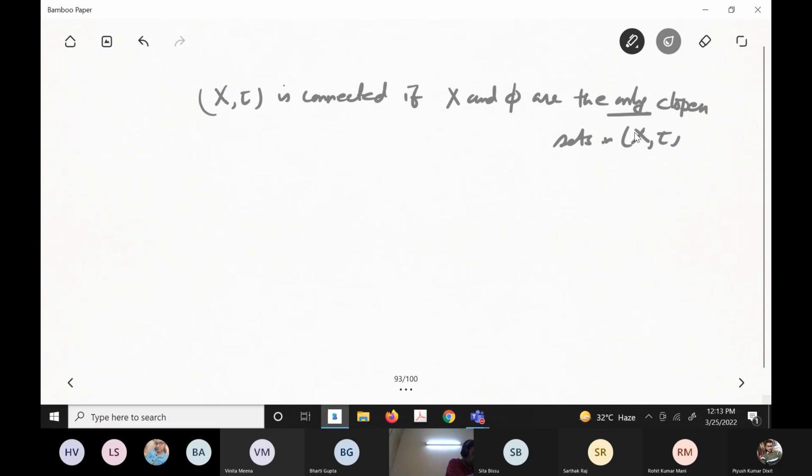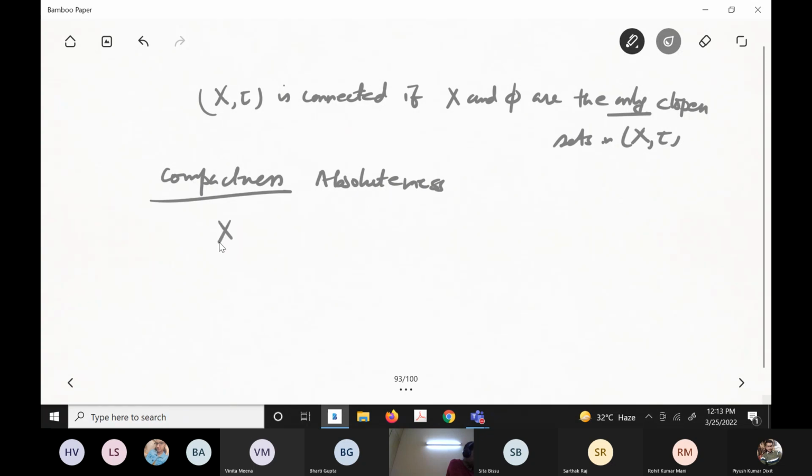Now look, the study of connectedness is actually a bit more problematic than compactness, because with compactness you got absoluteness. What does it mean?